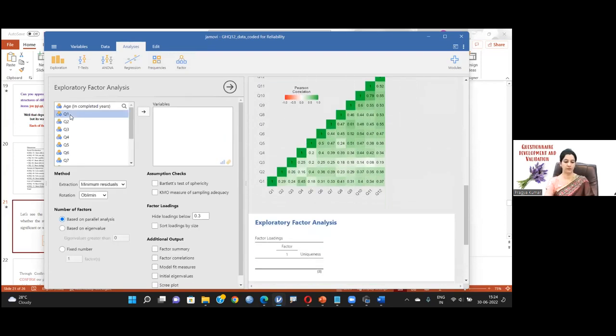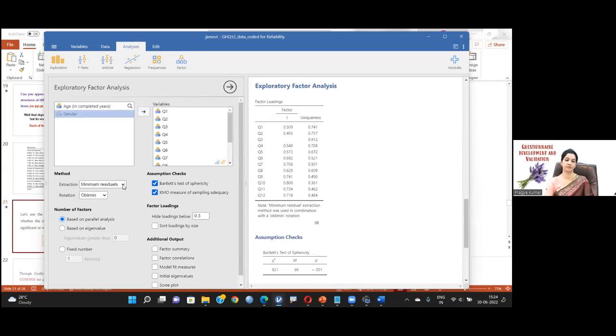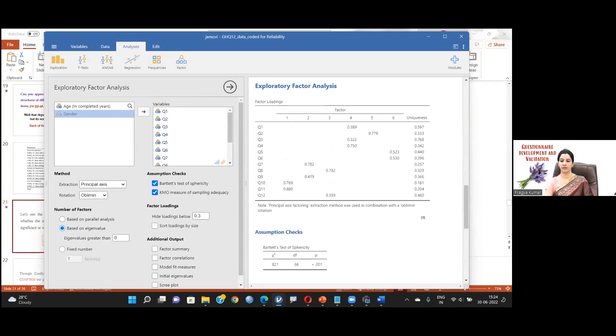I'll move these variables to this box, then check for these assumptions. I will use the option of principal axis and oblimin, the oblique rotation, on the basis of eigenvalue. Then I will see how many factors. You can see that it has extracted 6 factors.